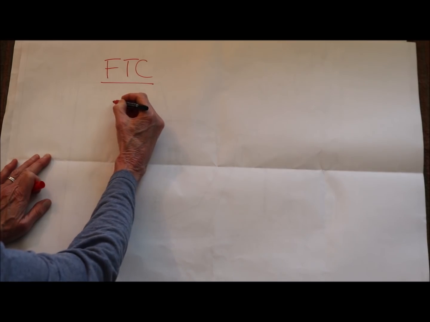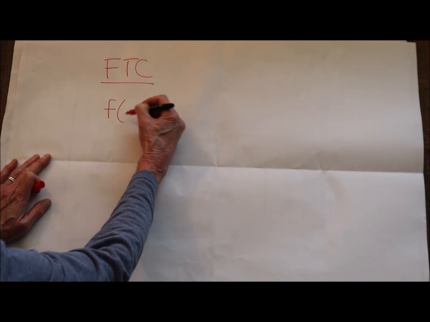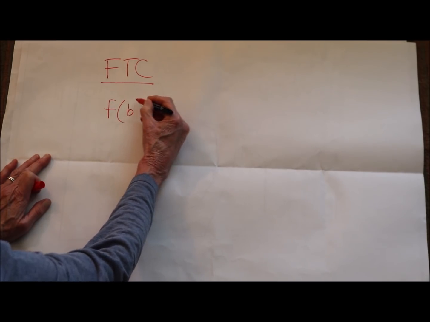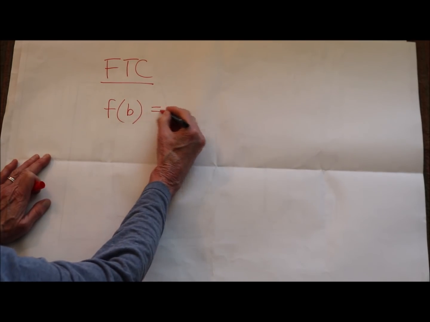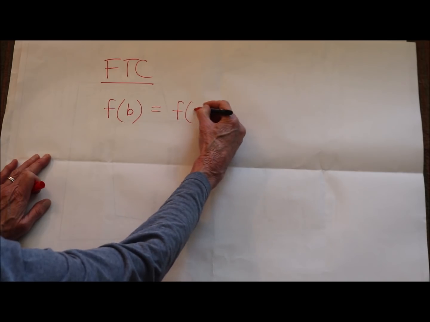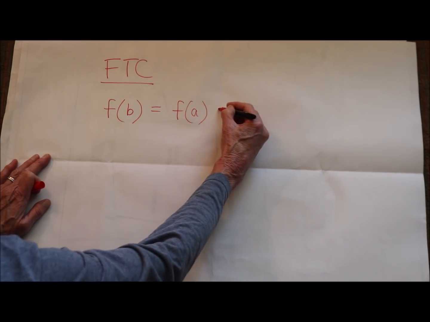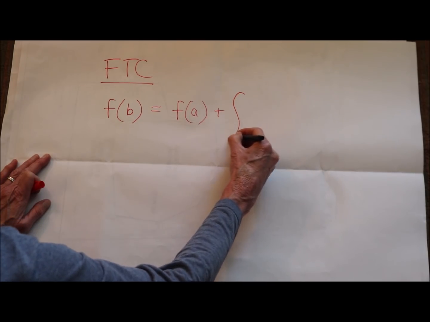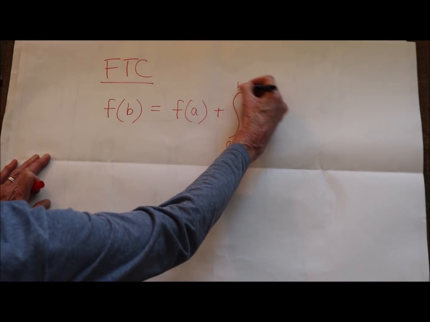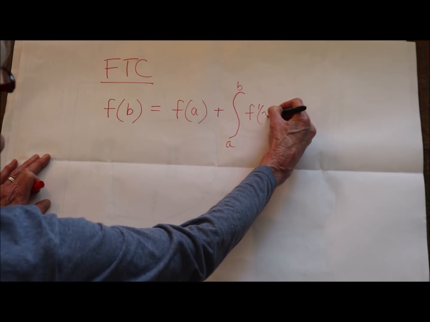So the fundamental theorem of calculus rewritten is basically, if I want to find the value of a function at a point B, and I know the value of the function at point A, then I can start with the value of the function at point A and take the integral from A to B of the rate of that function.